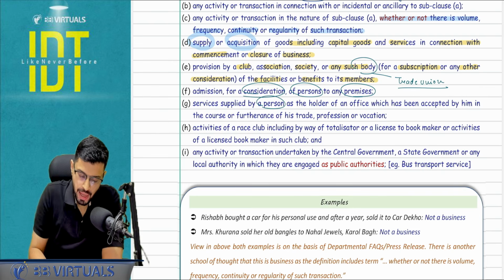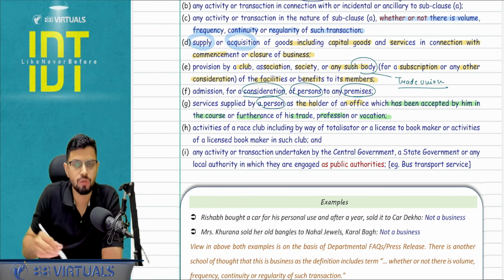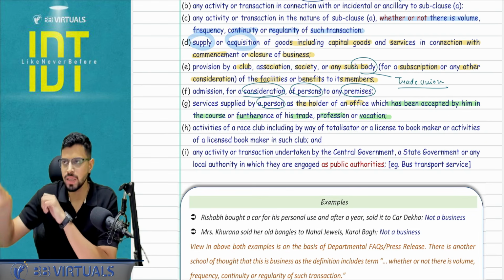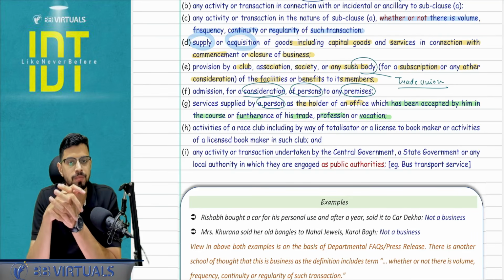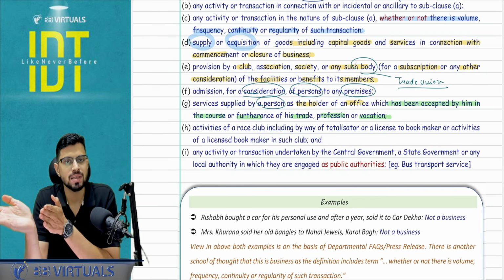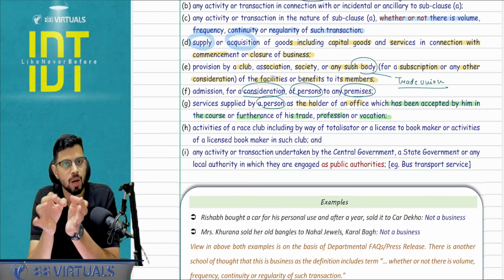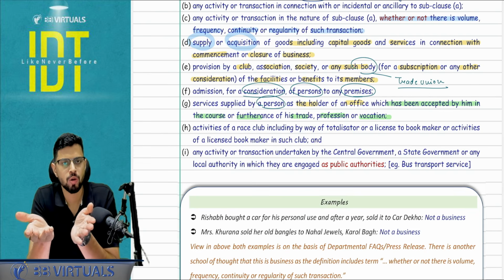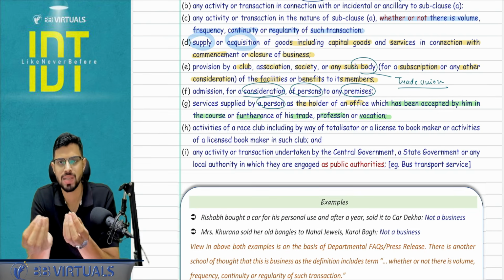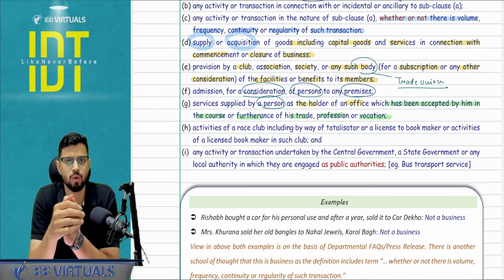Services by a person as the holder of any office which has been accepted by him in the course or furtherance of his trade, profession or vocation. There is a person, there is my friend who is a soil expert, and a mining company has asked him to undertake a position of consultant. He says that, sir, I'm not doing business, I'm just accepting an office because my profession requires.